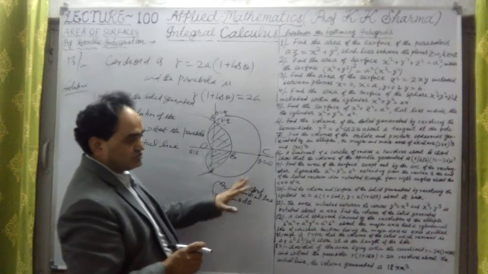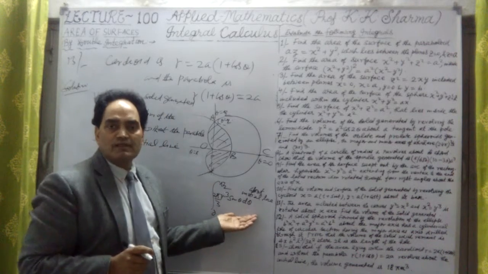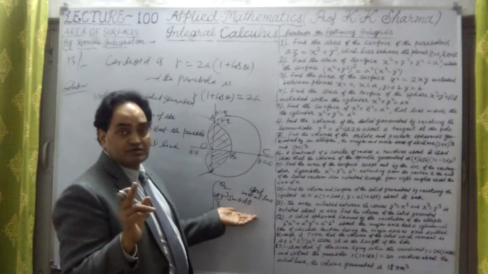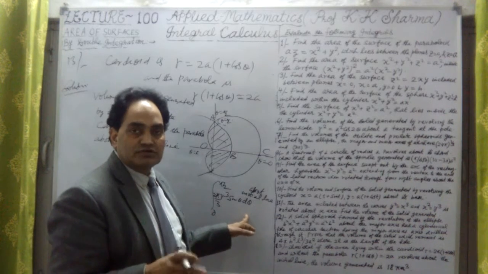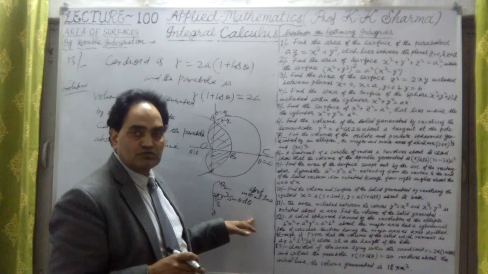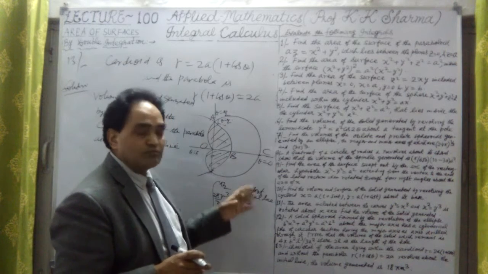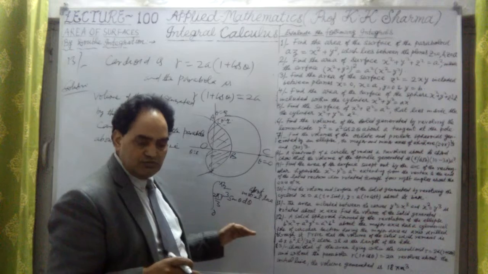If it is about the initial line, then this we have discussed in volume in case of polar coordinates. In polar equations, we discussed the volume of solids of revolution. There are two formulae we were using.